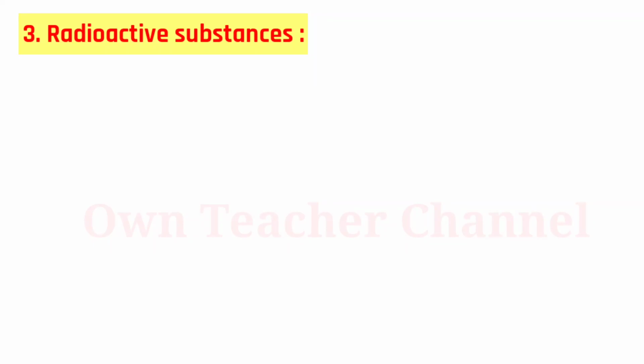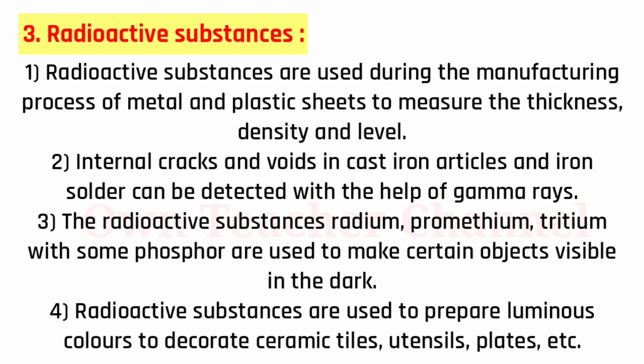3. Radioactive substances. 1. Radioactive substances are used during the manufacturing process of metal and plastic sheets to measure the thickness, density and level. 2. Internal cracks and voids in cast iron articles and iron solders can be detected with the help of gamma rays. 3.